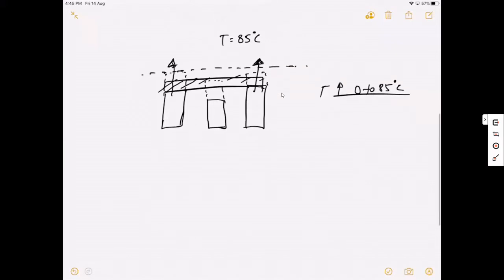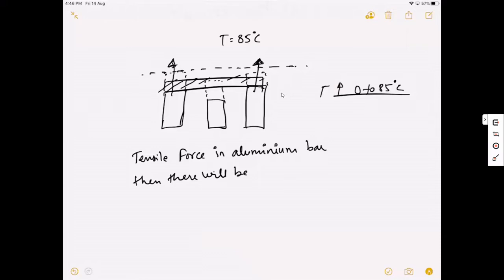So if I assume there is a tensile force in the aluminium bar, then there will be a compressive force in the copper bar.